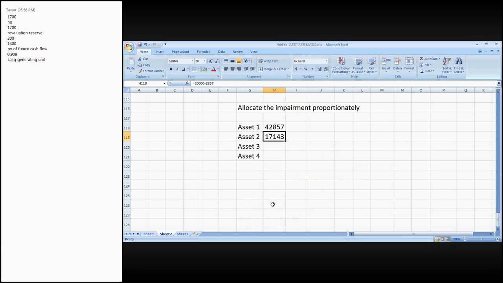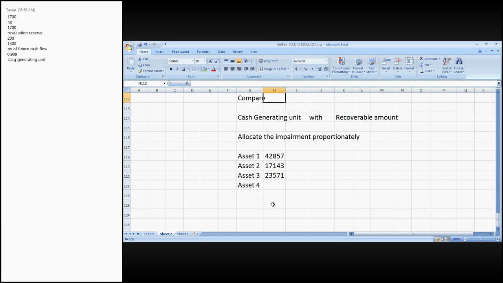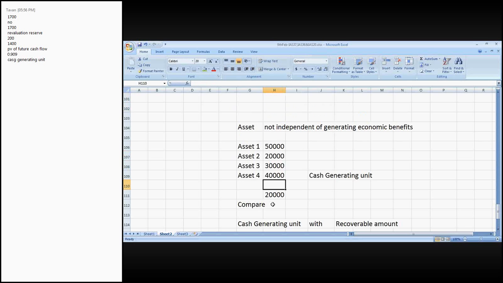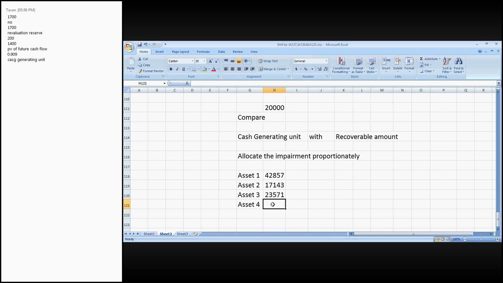The impairment allocated to it will be 30,000 into 3 by 14, which is 6,429, so the new value is 30,000 minus 6,429. The fourth asset is 40,000. It will suffer impairment of 40,000 into 4 by 14, which is 11,429, so the value will be 40,000 minus 11,429. So this will be the new value of all the assets in a CGU.